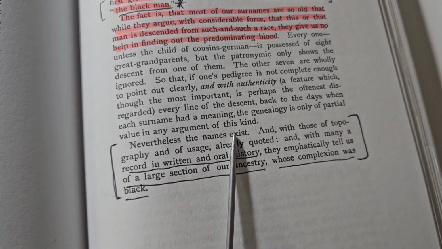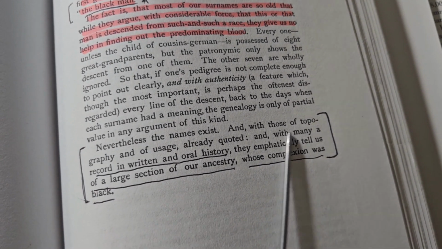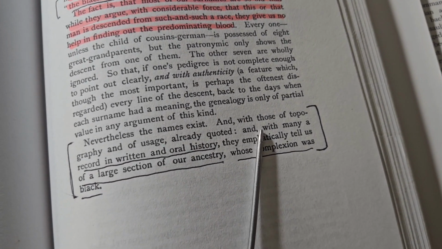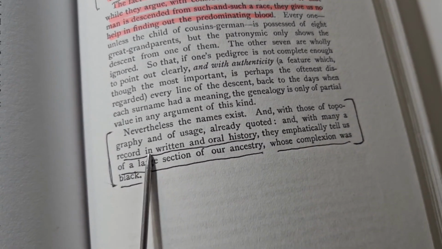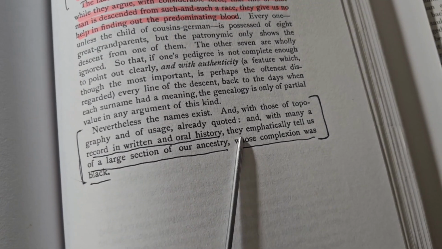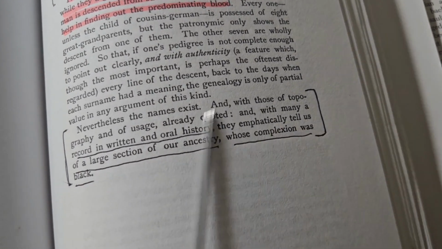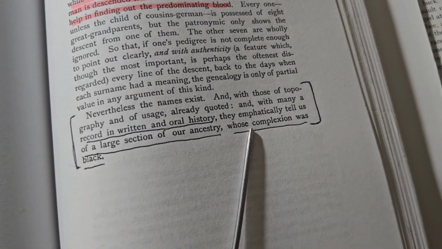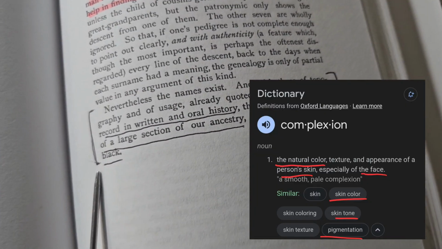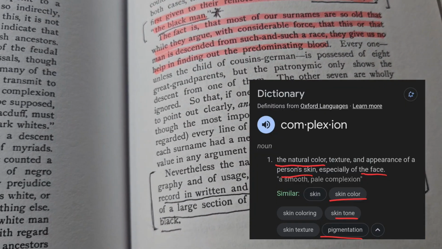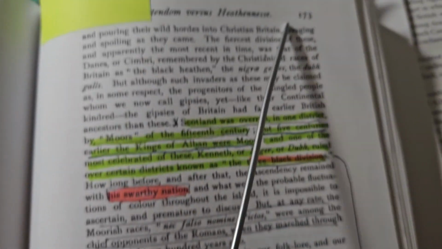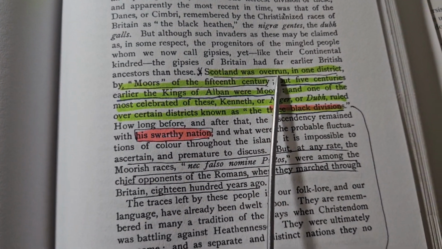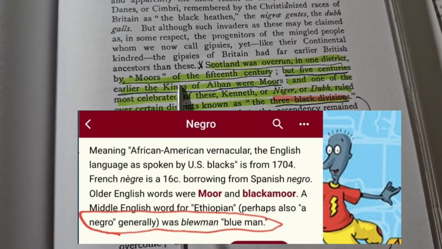Nevertheless, the name exists, and with those of topography and of usage already quoted, and with many a record in written and oral history, they emphatically tell us of a large section of our ancestry whose complexion was black.